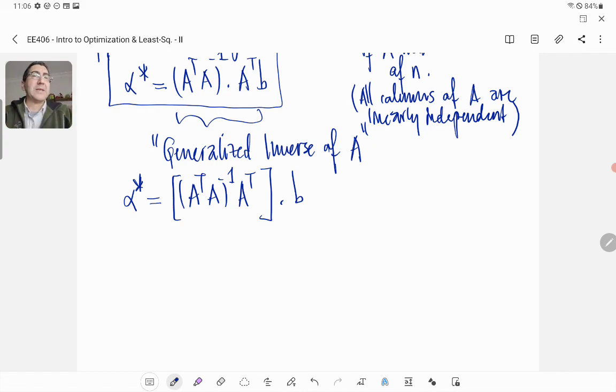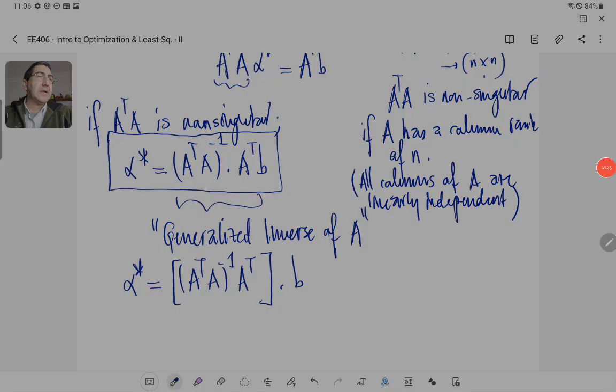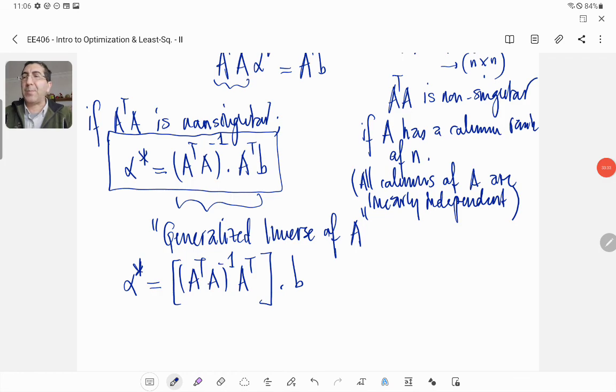But essentially I will illustrate all of this with some numerical smaller dimension examples, and hopefully those will be much clearer. Okay, so I will proceed with an example.